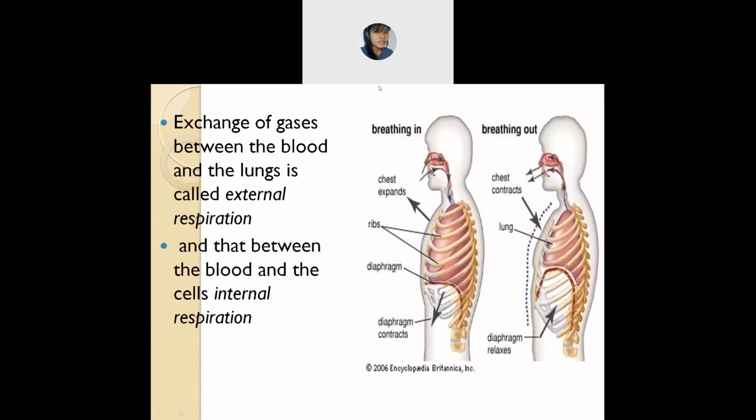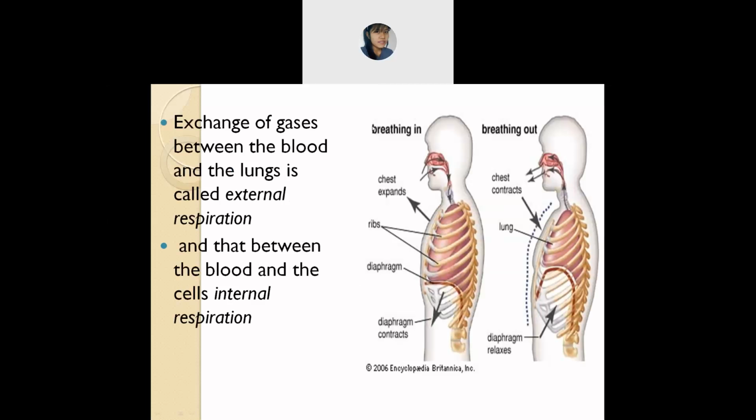Okay, next, you will find that in the respiratory system there are two types of respiration. That is known as external respiration and the other is internal respiration. So these are the two types of respiration that you will find in the respiratory system.